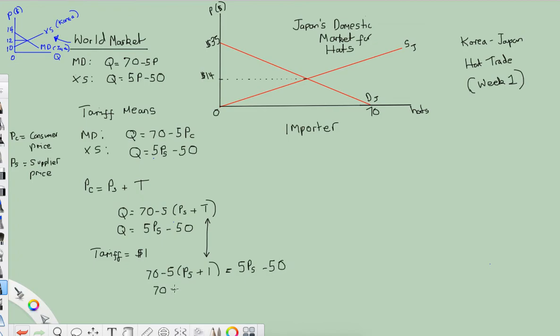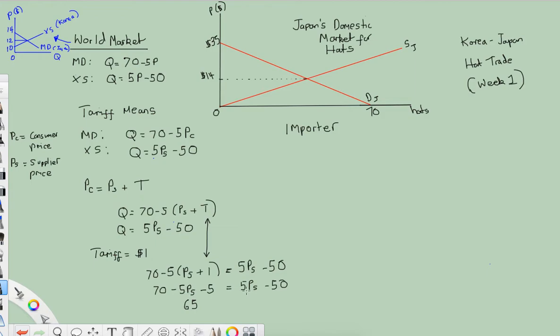70 minus 5 times PS, that's 5 PS, minus 5 multiplied by plus 1 is minus 5. That's the tariff taking effect, and we get 5 PS minus 50. So collecting terms, we've got 70 minus 5, well, that'll be 65, minus 5 PS.